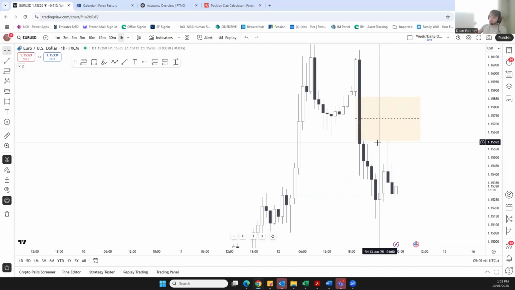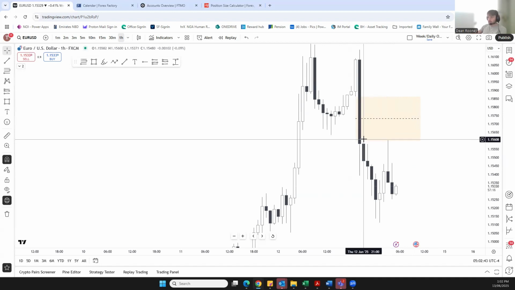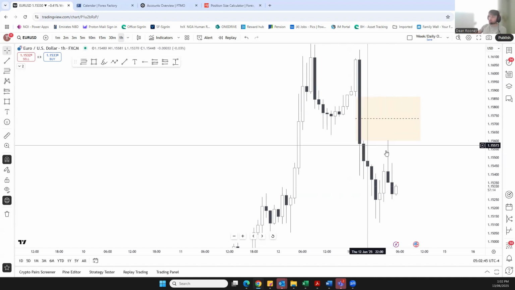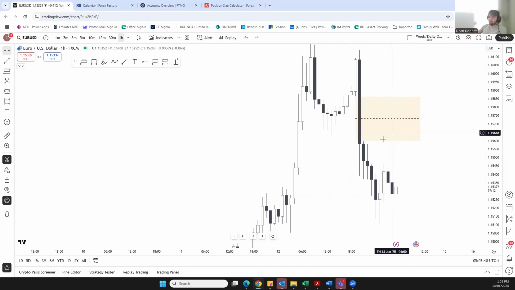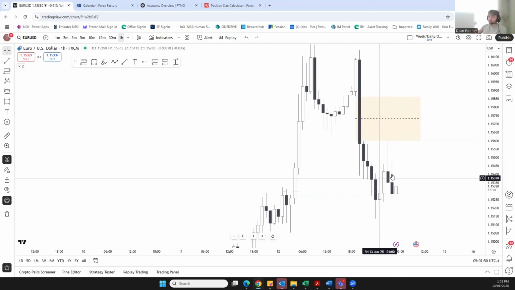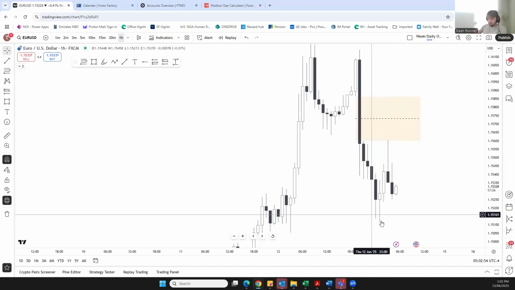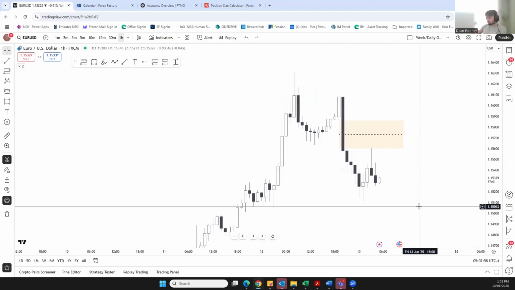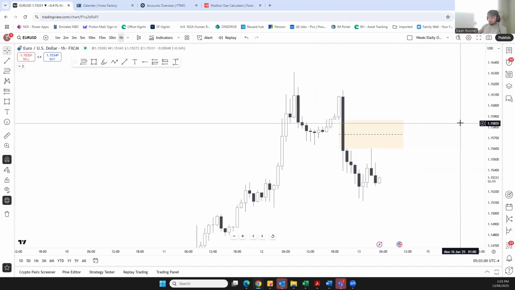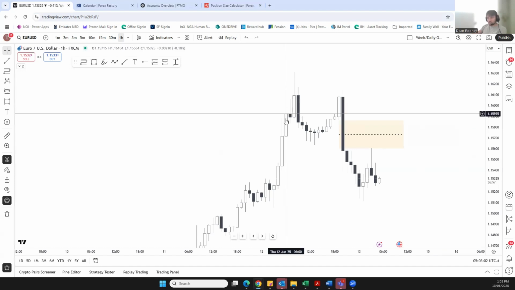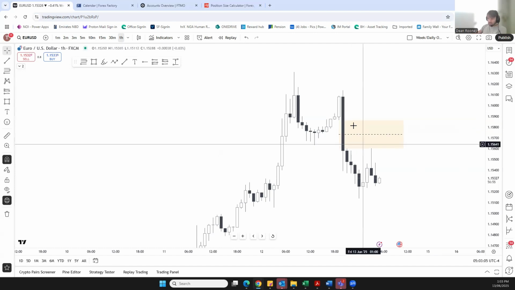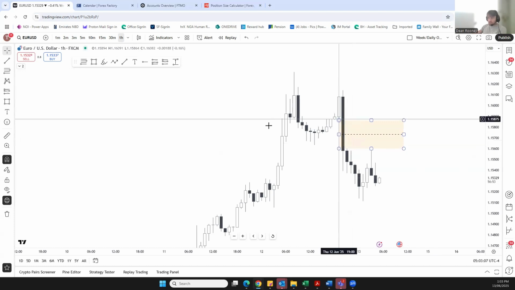Okay, so what happens here, and I've missed it, I'm going to go in and show you. I see this happening this hour, and I'm saying, okay, it's rejected that. It's going for these lows next. This also ties in with the concept of internal liquidity that I've shared with you. This here is internal liquidity because it's inside this range.